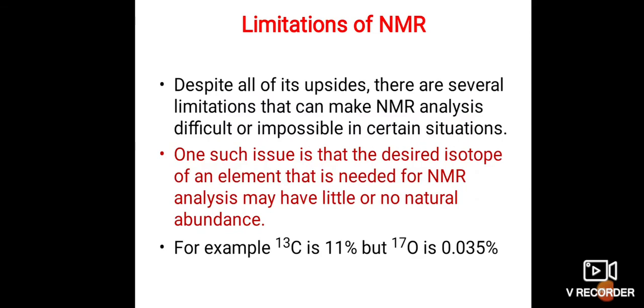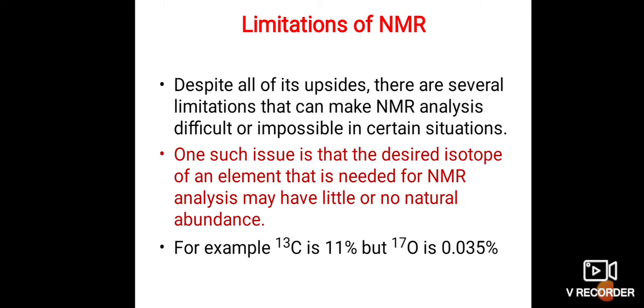And if you come to the limitations, as I told you already, the measurement becomes a little difficult only in a few cases, where the isotope or nucleus we want to measure is very less naturally occurring. Measuring resonance for such nuclei is going to be a little difficult.